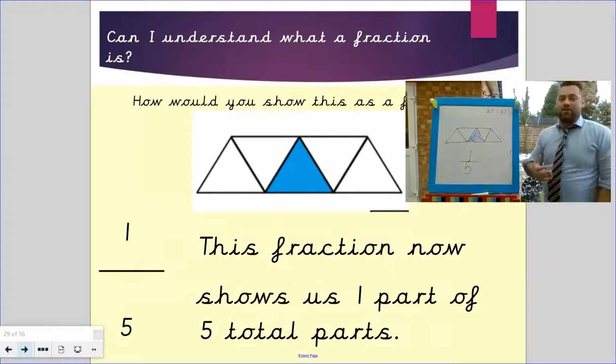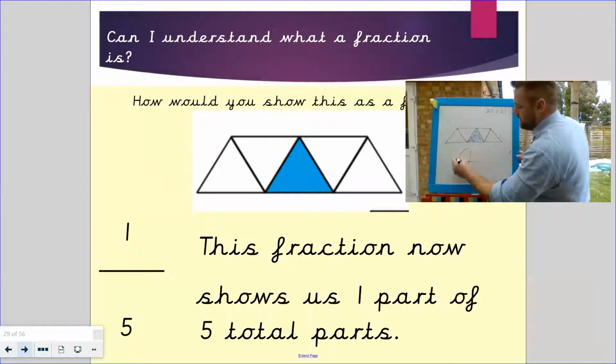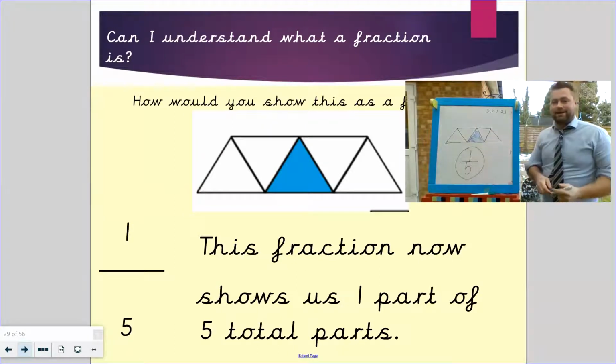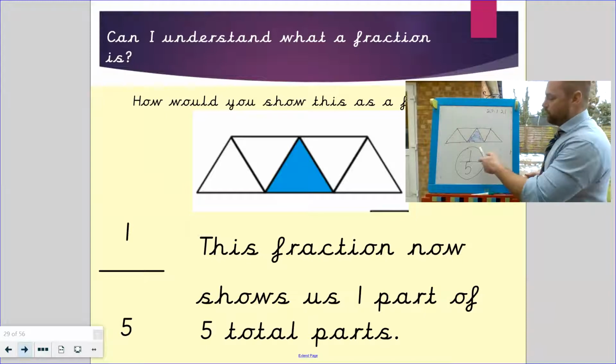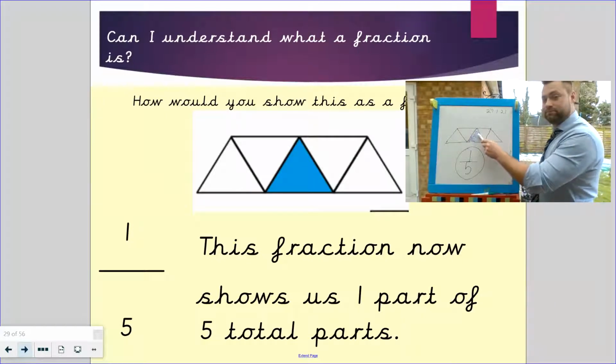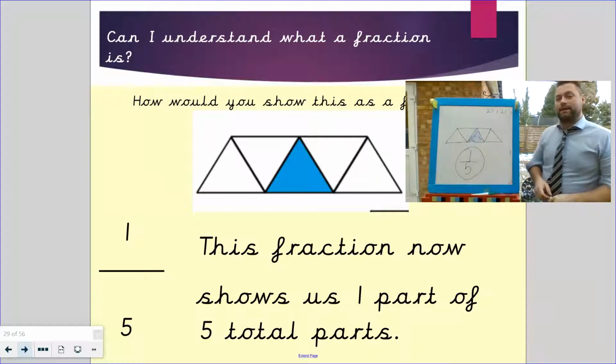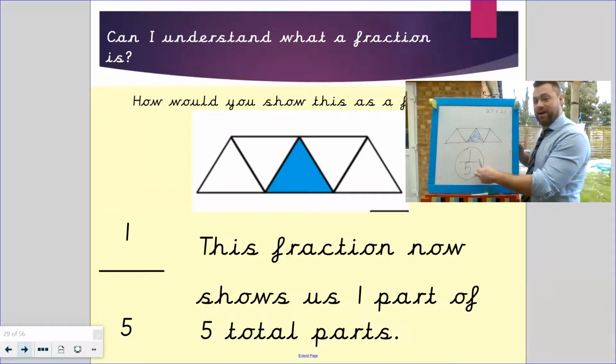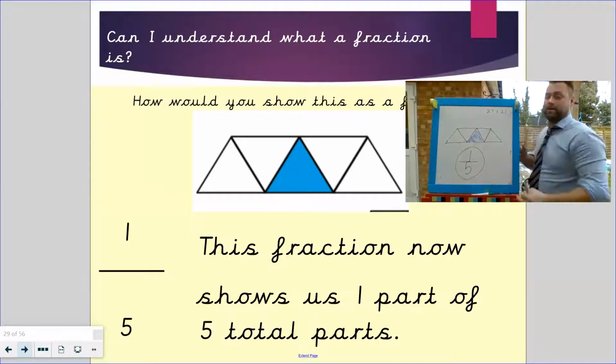So now our fraction is telling us what we can see here. It tells us that we've got 1 part out of 5 in total. We've got a shape that has been divided into 5 parts, and we're looking at just 1 of them.